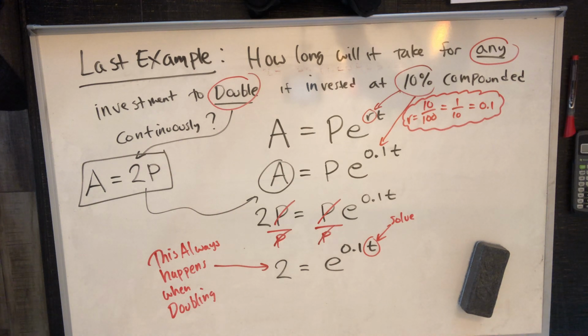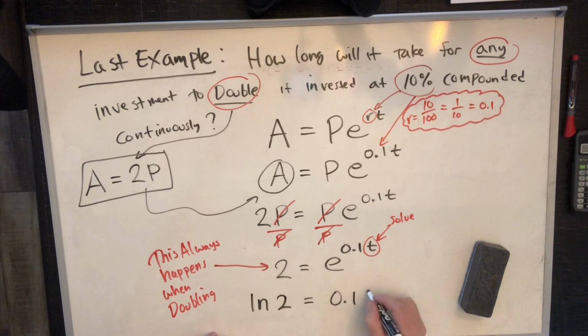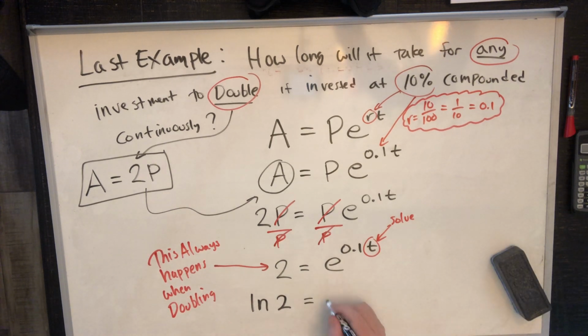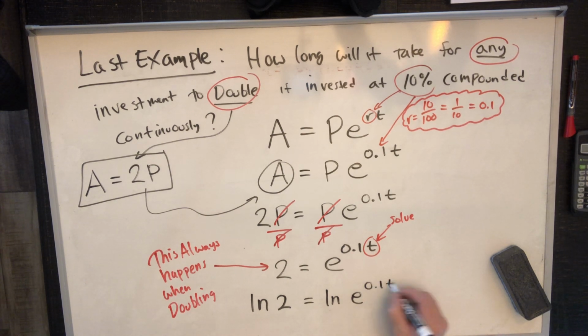Now, last time I said you had a choice. This time you really do have the same choice, but I think the choice is natural. If you have an exponential e, you're going to use the natural log. So taking the natural log of both sides. If you like to see that step on the right-hand side, you can say ln of e to the 0.1t.